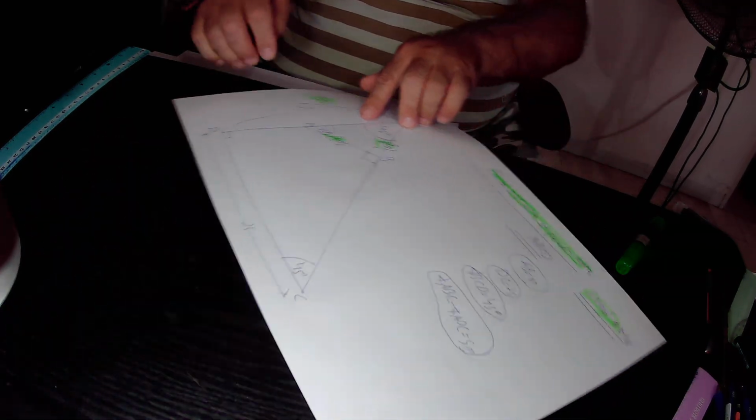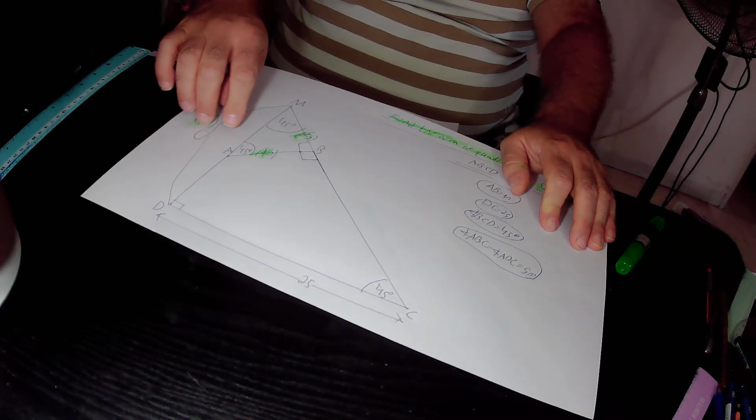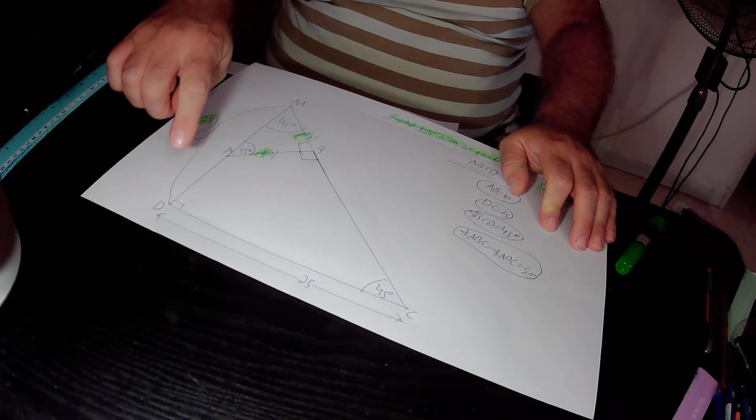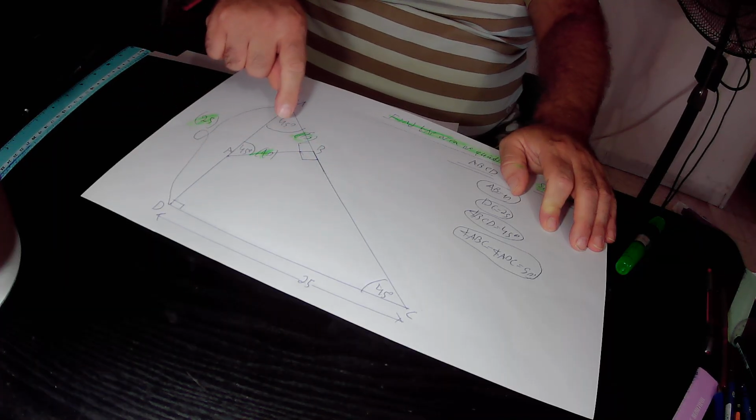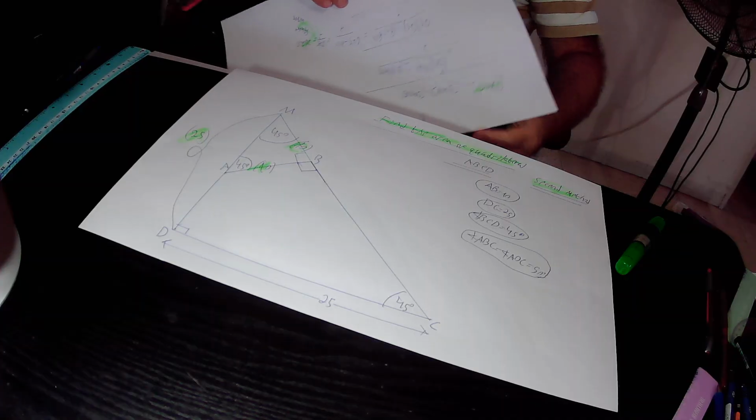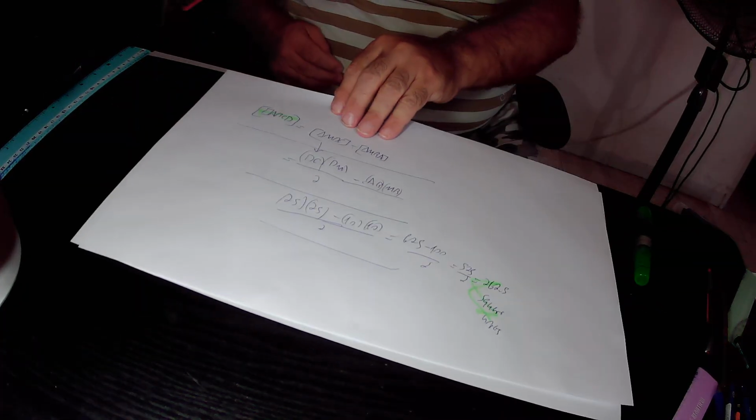What is the area of quadrangle ABCD? The area of quadrangle ABCD equals the area of the big right triangle MDC minus the area of this small right triangle ABM.